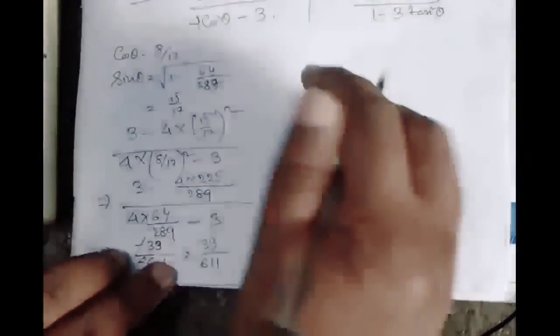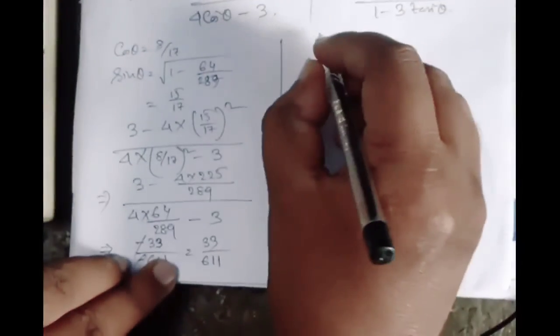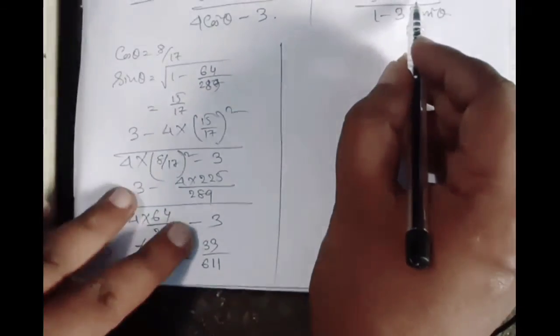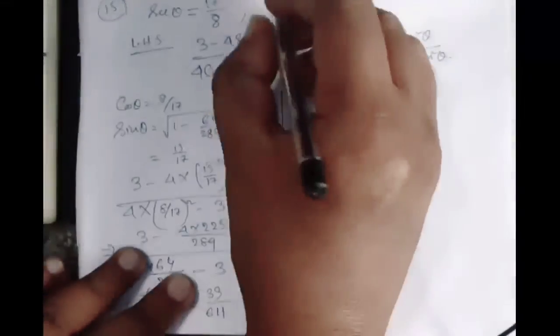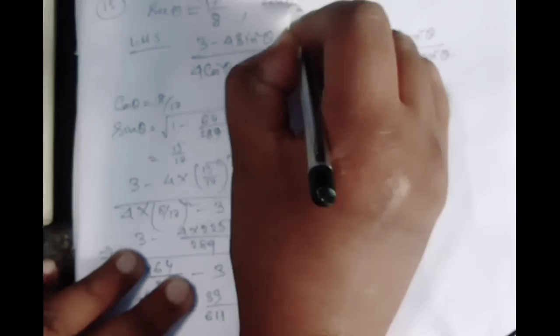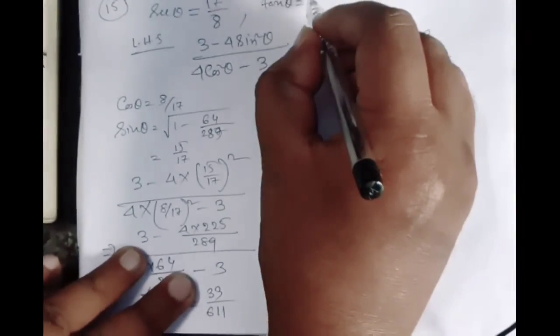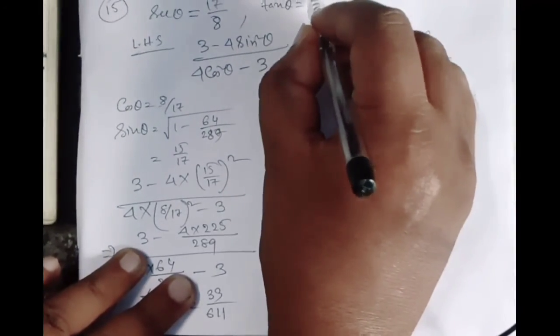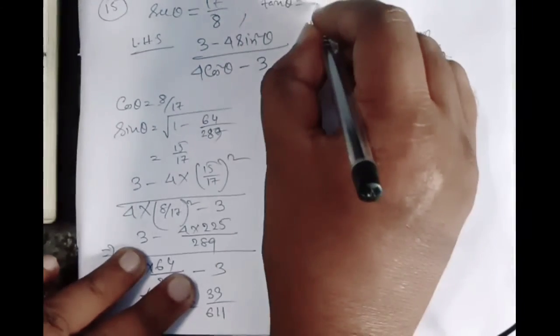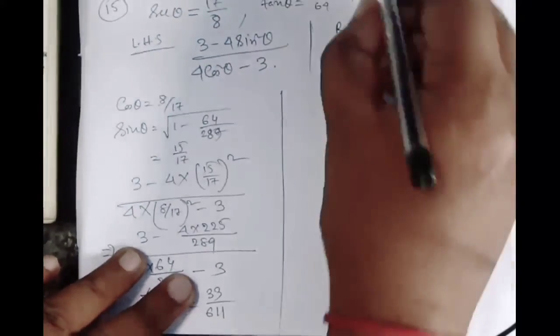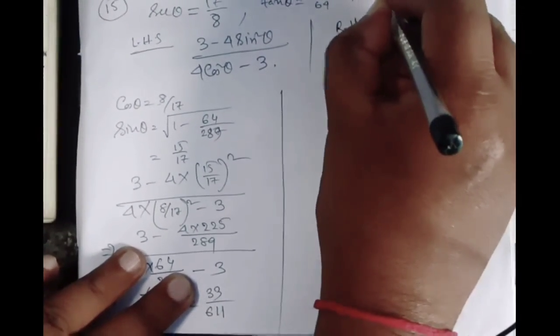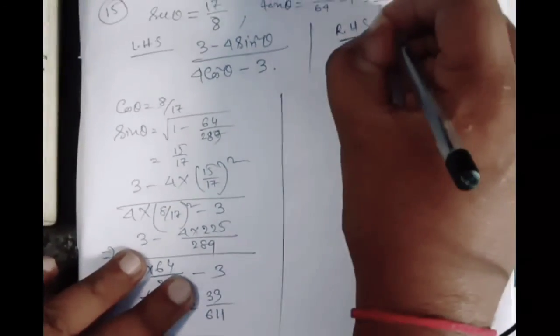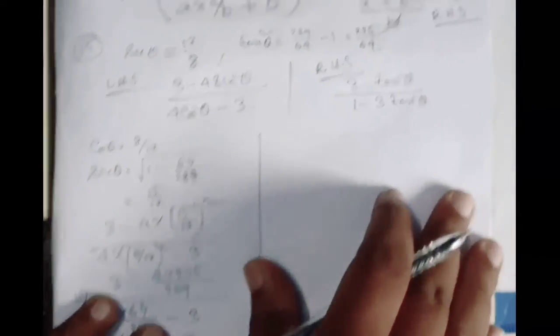Okay. Next come to the RHS. Here tan is given. Now here tan square theta is equal to sec square theta minus 1, that means 289 by 64 minus 1. Okay, that's equals to 225 by 64.